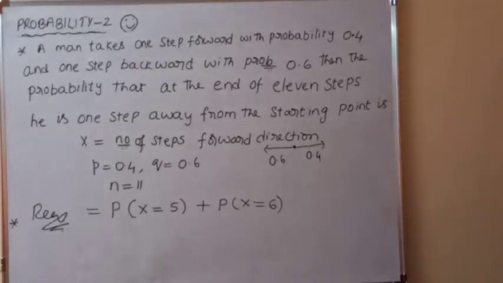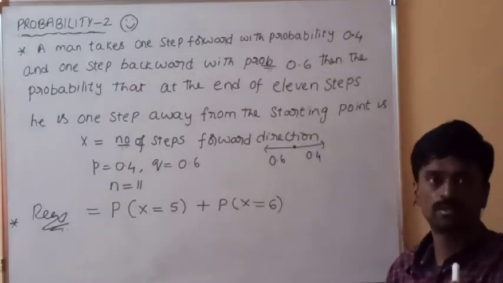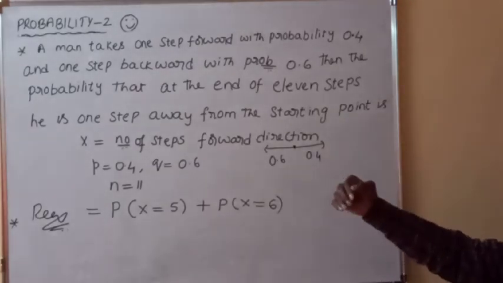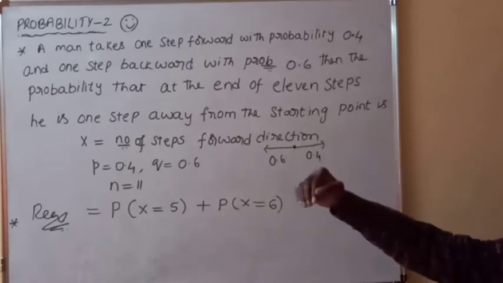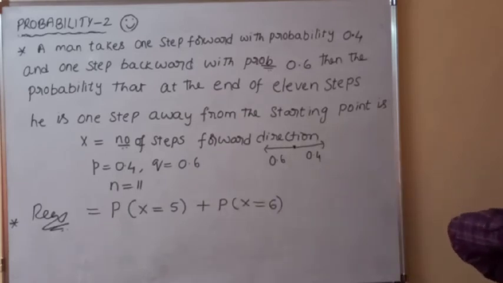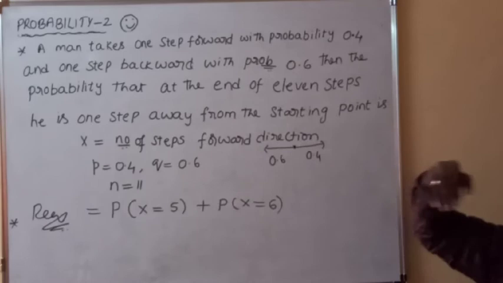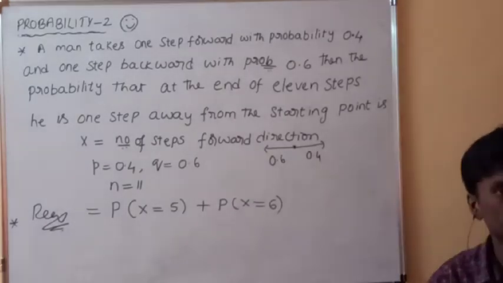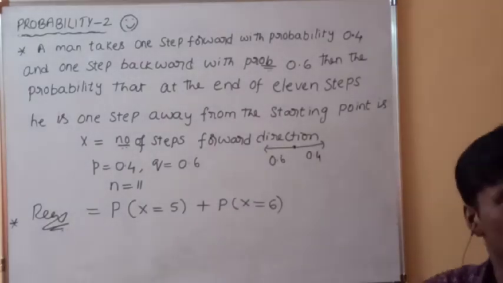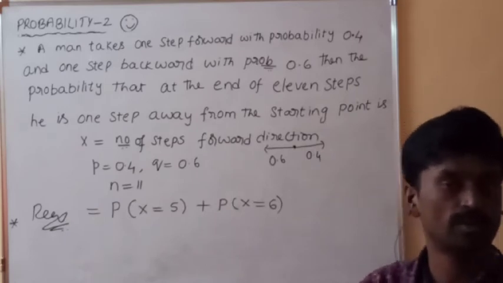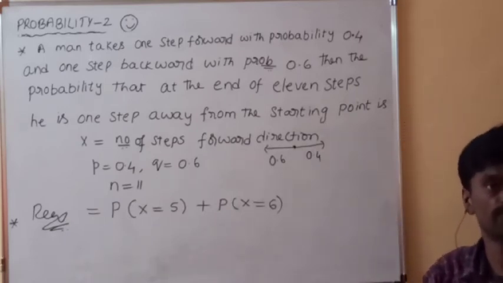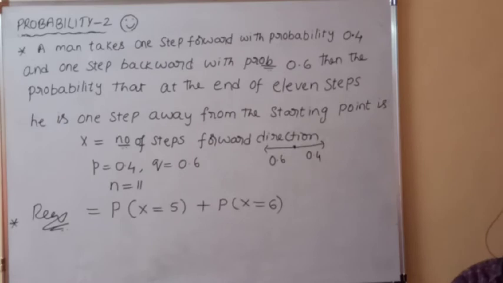Next, the probability of 6 denotes 6 steps forward, 5 steps backward. So after completion of 11 steps, he is one step forward from the initial point. That is the required probability we have to find.